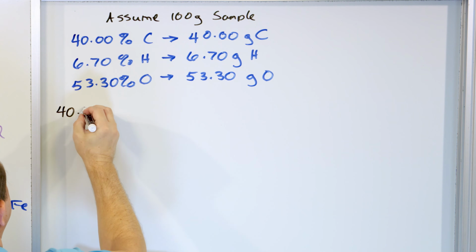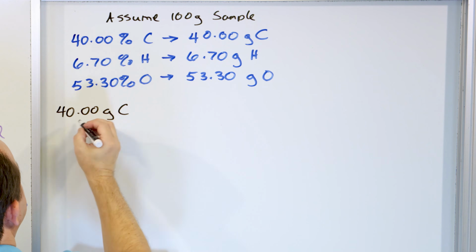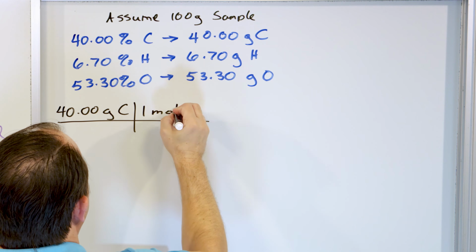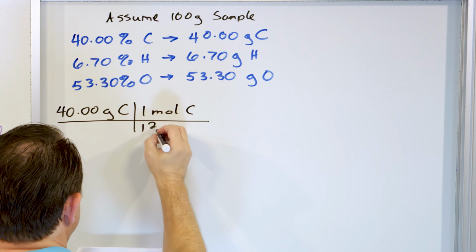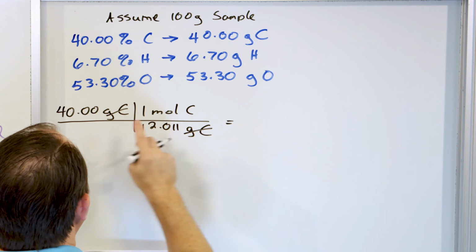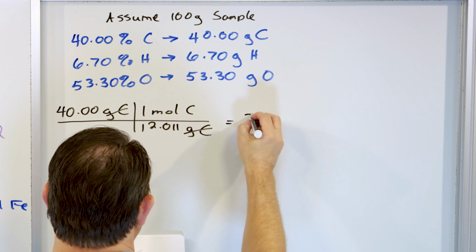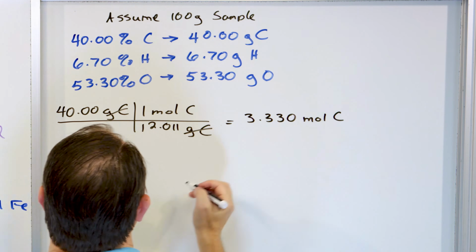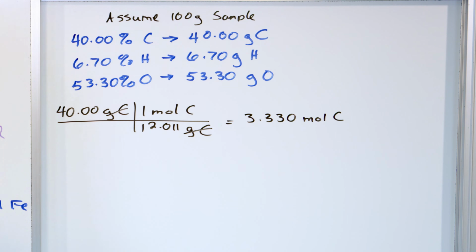So 40 grams of carbon, right? I know that 1 mole of carbon is 12.011 grams carbon. Cancel, cancel, and then what I get when I take this and I divide by this is 3.330 moles of carbon, all right? Moving on to the next one.